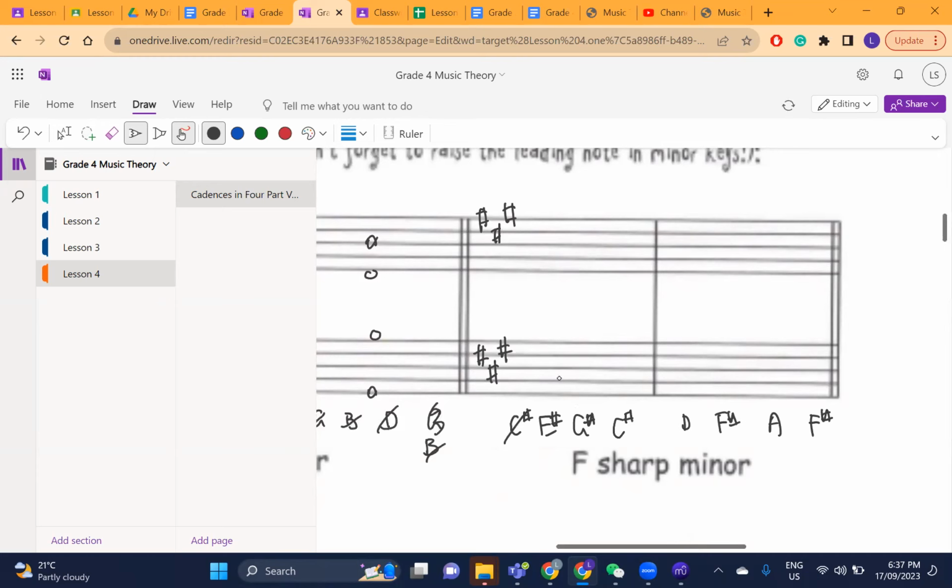In an interrupted cadence, C sharp to D. We have that in the bass, and now leading note tonic. Let's put it here. To raise the leading note, and you're on a minor scale. Now, G sharp to F, and C sharp to A. It's just a method of simple cancellation to know which voices go down. You can put them in.